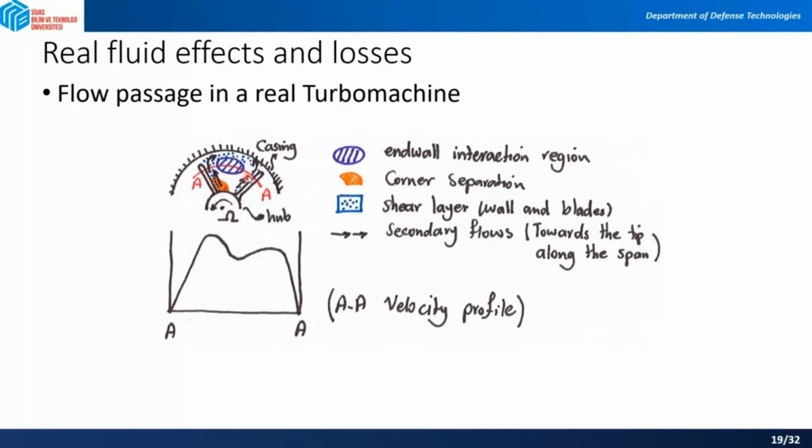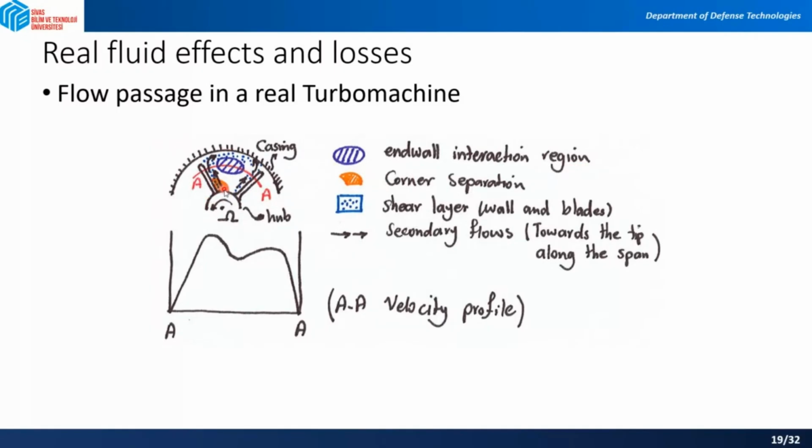So in the passage between these two blades, which we call the blade-to-blade passage, we are having different regions. The region shown by this hatch is called the end wall interaction region. We will see what the end wall interaction region is in a moment.